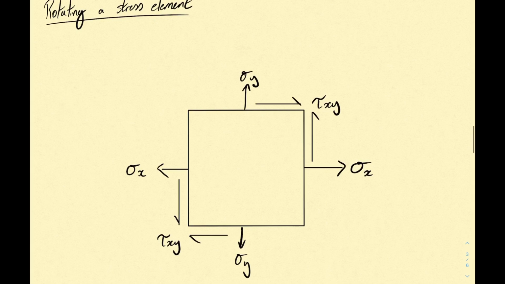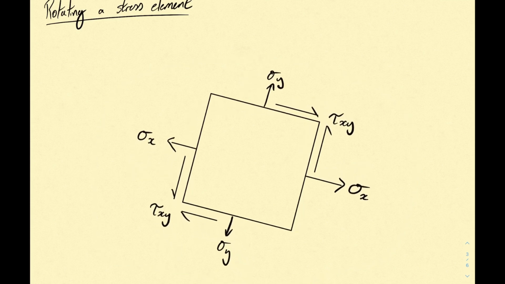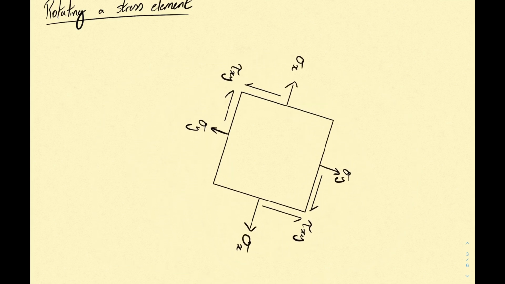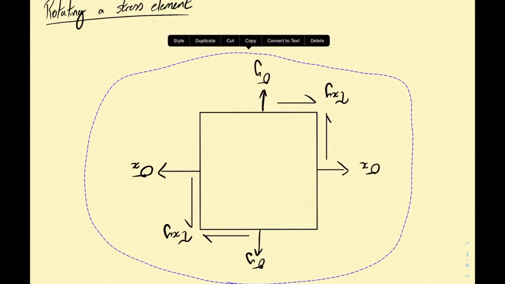One thing to note here is when you are rotating this stress element, if you were to rotate the element a full 180 degrees, you'll note, even though it's upside down, that you've basically returned to the same configuration that you had at the start.